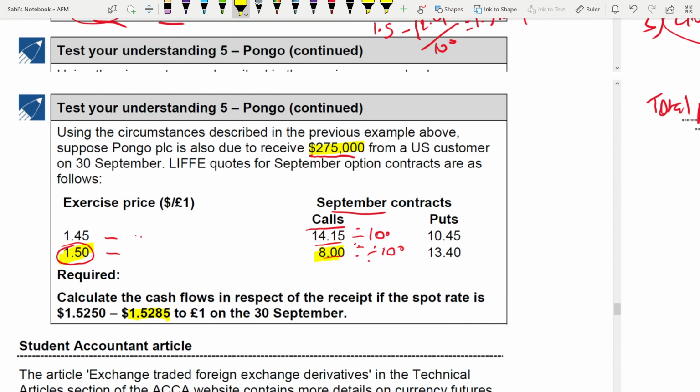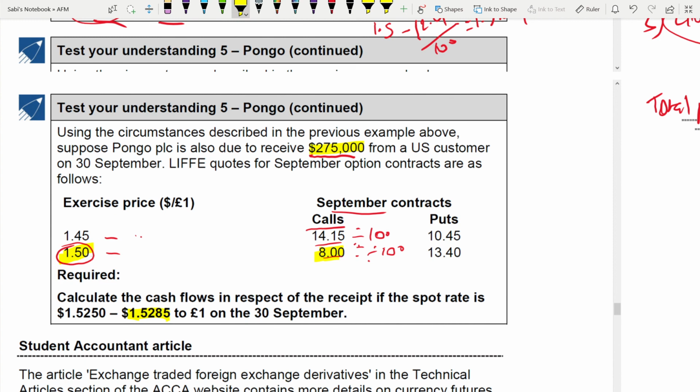When you exercise the option, find out the total cost. Here also you will have an amount not hedged. The number of contracts is 7. What is the contract size? 25,000. So 7 into 25,000 is 175,000. That is the total receipt under options, 175,000. But to find the amount not hedged, what is the total amount? 275,000.